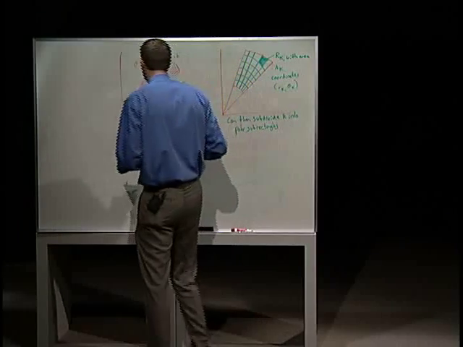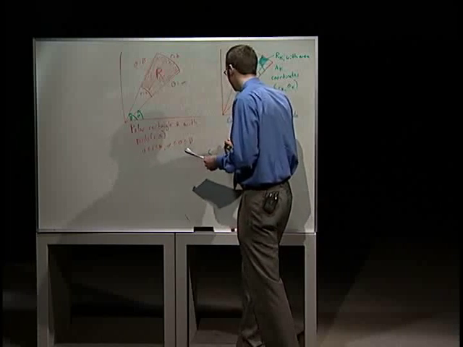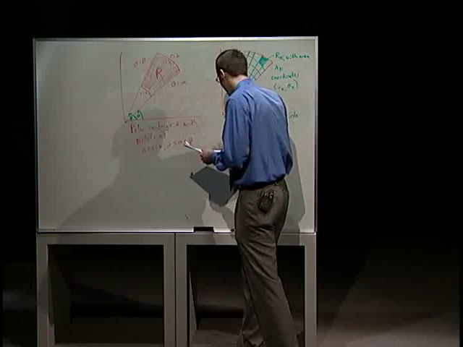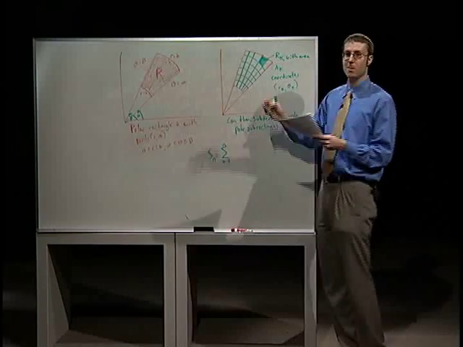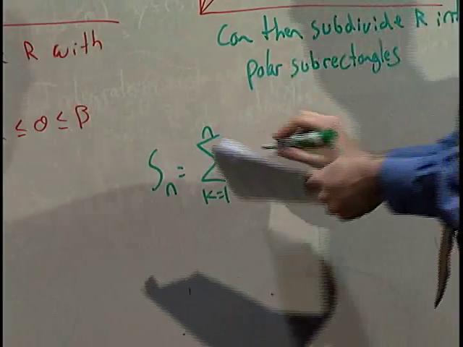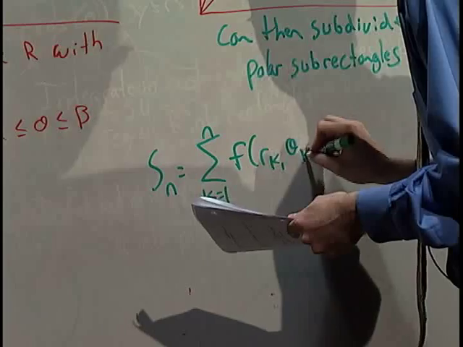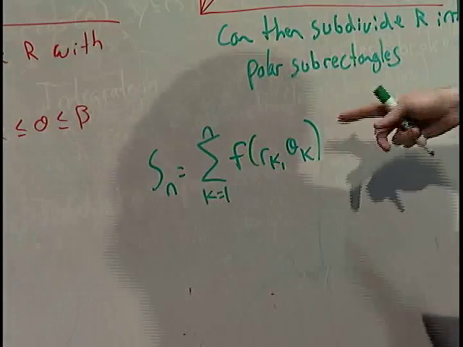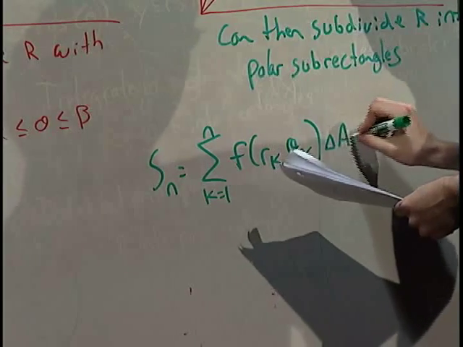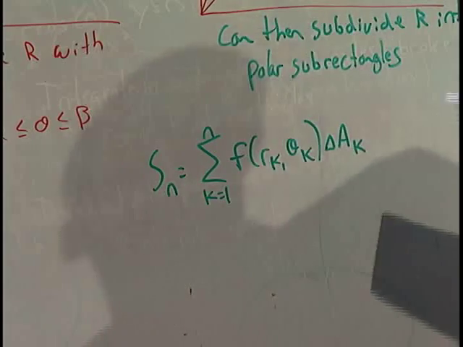And so we can form a Riemann sum, so we'll have this sum, k equals 1 to n. How many of these are there? Maybe there's 20, maybe 30, maybe 40, maybe more and more. Our function is defined in terms of polar coordinates, so it's some function f of r sub k, theta sub k, times the change in the area, summed up.